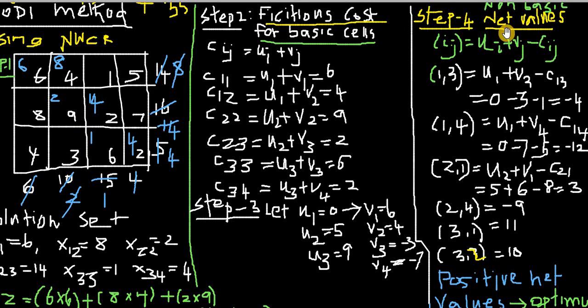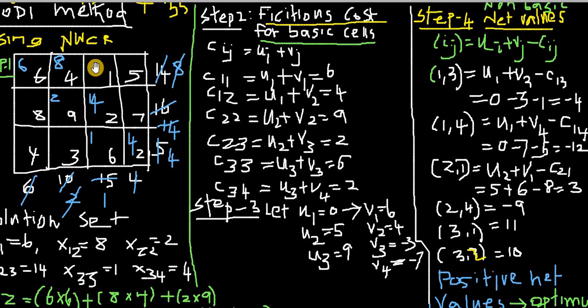For these non-basic cells, we have to find the net values by using the formula delta i j equals ui plus vj minus cij. By using this particular formula, we have to find the net values for non-basic cells.